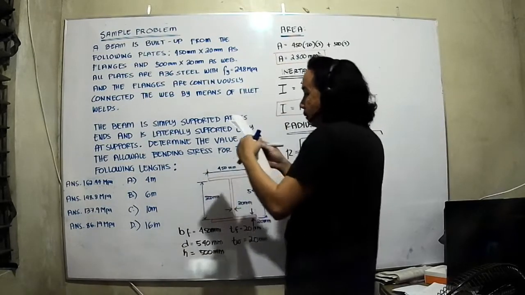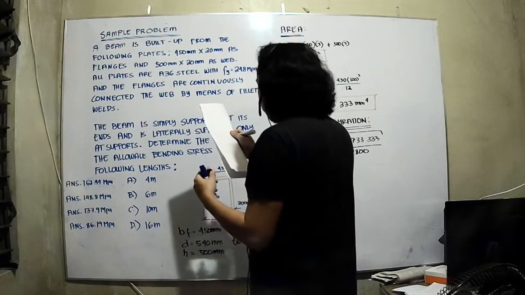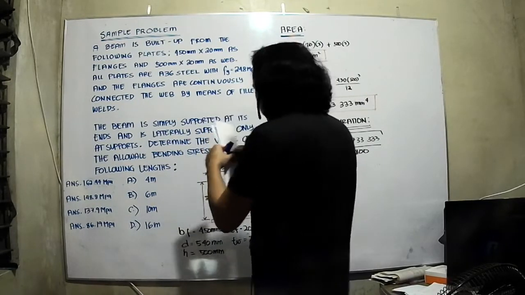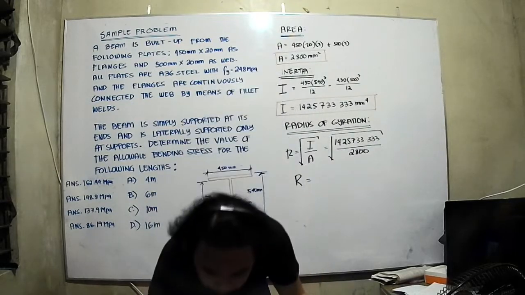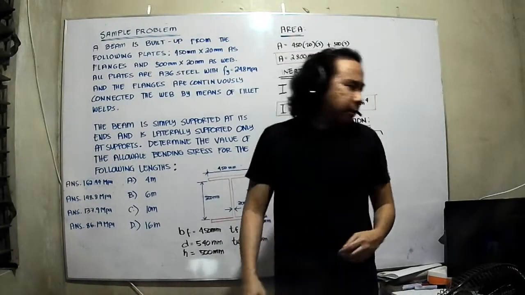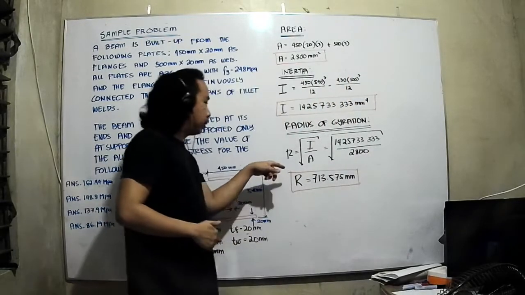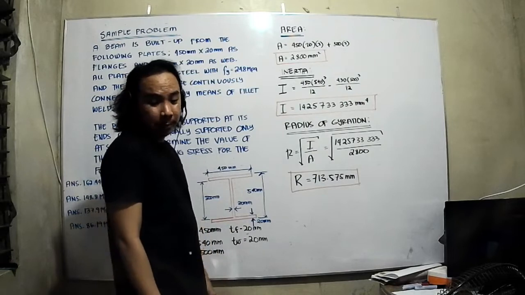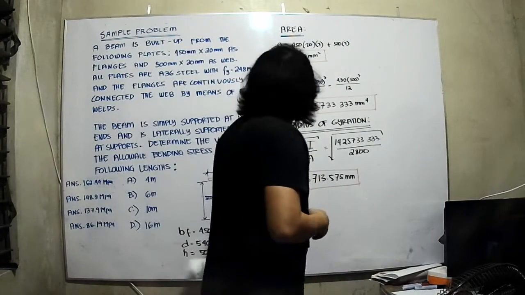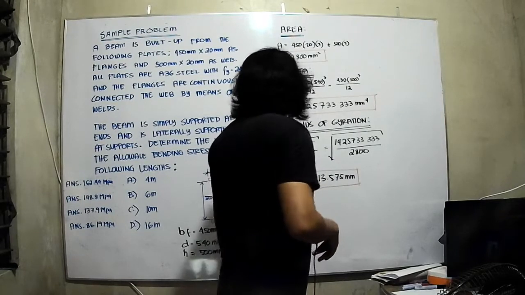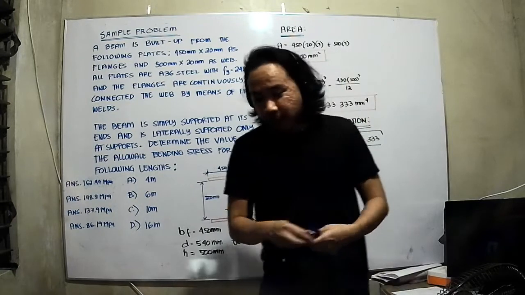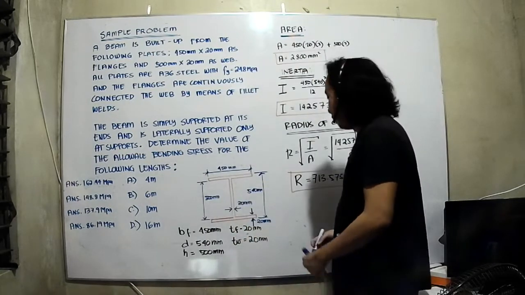R would therefore be equal to 713.575. Okay? I suggest you list this and set it aside conveniently, so we have a reference in solving this.